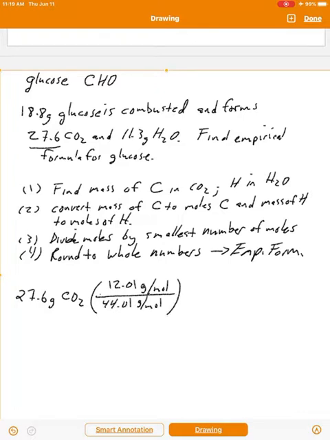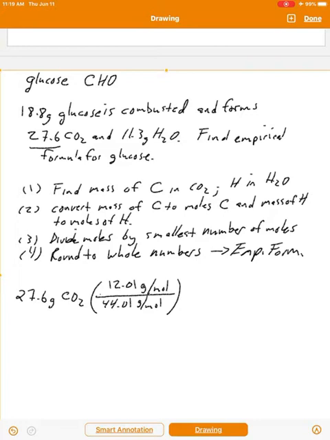Now, I'm not going to explicitly show you where I got that 44.01, but we learned that in the previous section, molar mass. Carbon dioxide has 1 carbon, and it has 2 oxygens. Carbon weighs 12.01, oxygen weighs 16.00. There are 2 oxygens, so that's 32.00. If you add them together, you get 44.01.